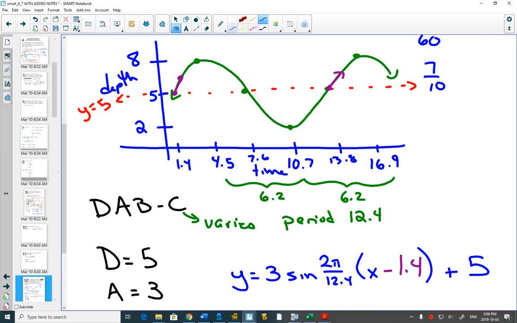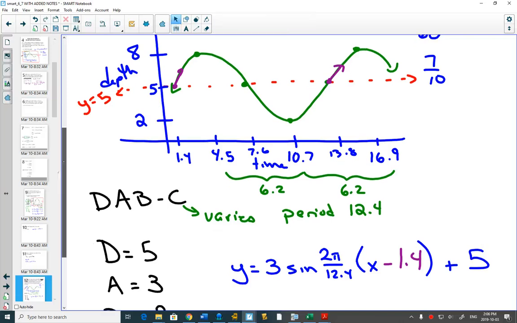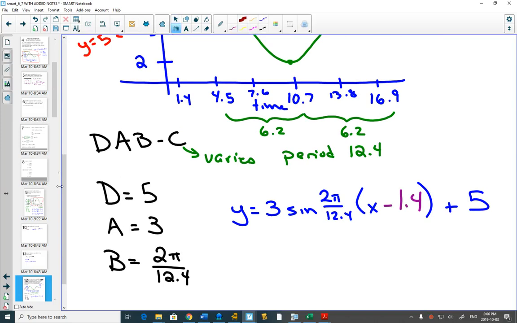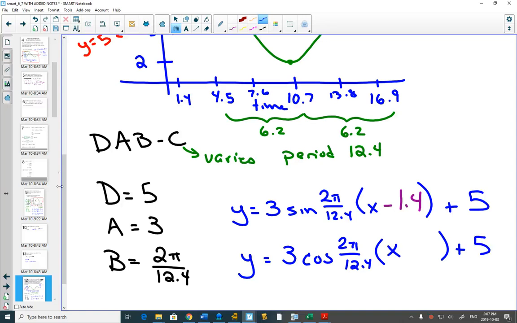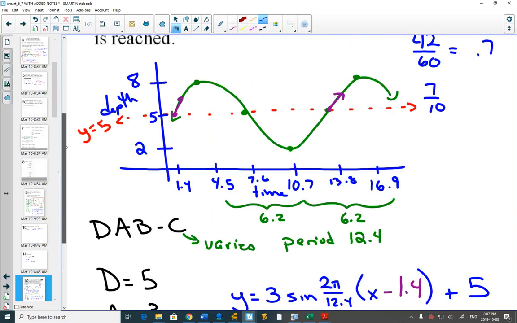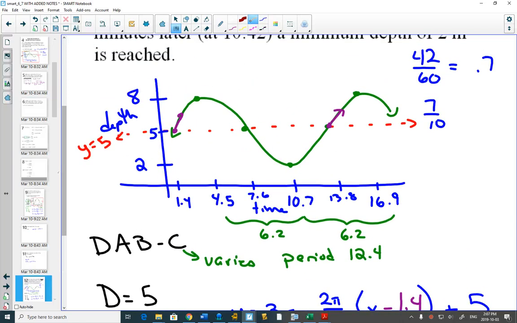If I go to do my cos graph, again, the amplitude is 3. Period is still the same, so my b value is the same. D value is the same. What changes is where I start. Where does a cos graph start? At your maximum.